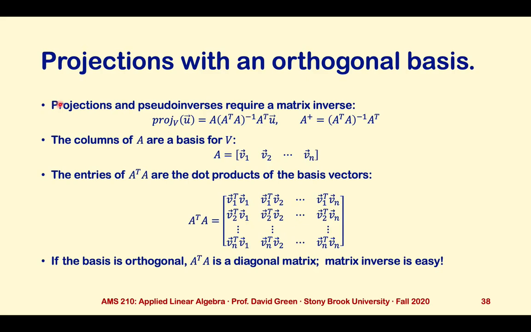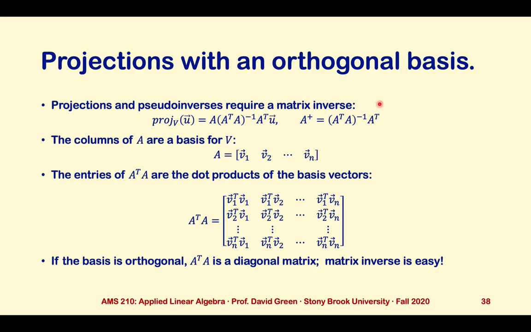We've discussed in the last video the idea of projections and pseudo-inverses that we can use to solve for a least squares solution, a best approximate solution in the case where we have an inconsistent system. And the projection was given by this general result.